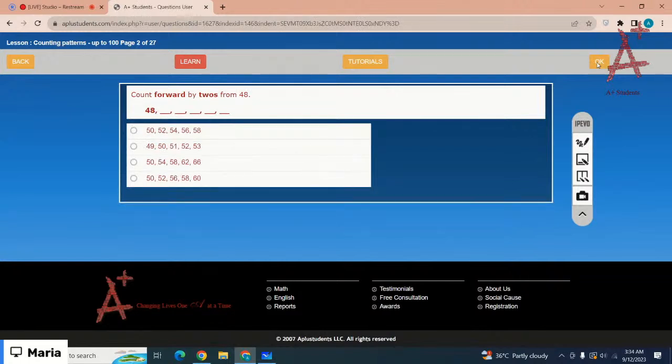Count forward by twos from 48. So which is the correct option? You have to start with 48. For each next number you have to add 2.